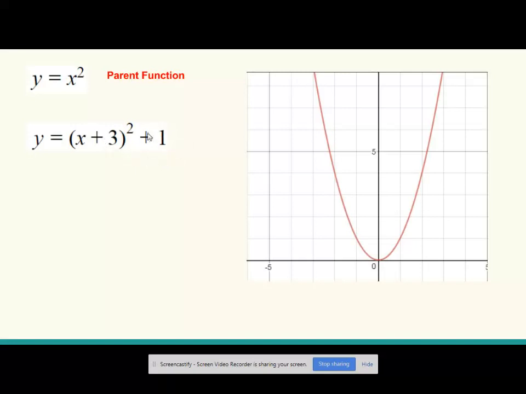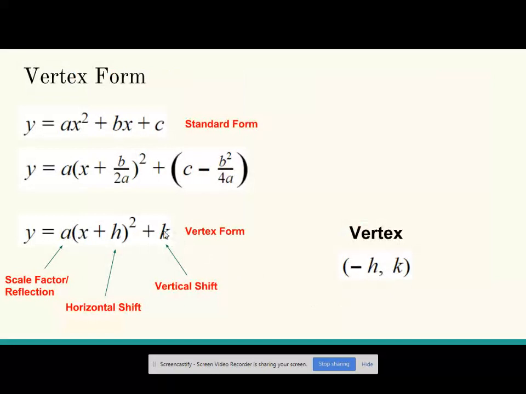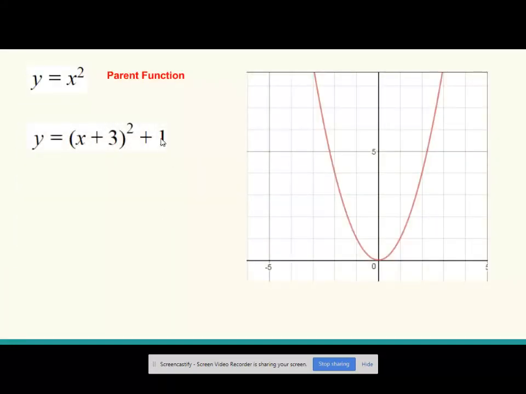Now the vertical change was fine. Going back here, k was just k. So the y portion of my vertex is just whatever this number is, which means the y portion of my vertex is going to be at 1. The x portion of that vertex is going to be at the opposite of h.